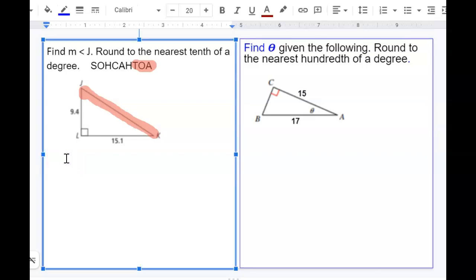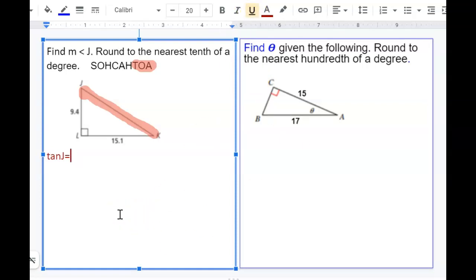Remember our angle of reference is J. So we'll have the tangent of J is equal to, we know by definition, tangent is opposite over adjacent. Again, remember to type fractions, you do underline. So we're going to do Control U to underline. Control U would activate underline. You see, underline is activated there.